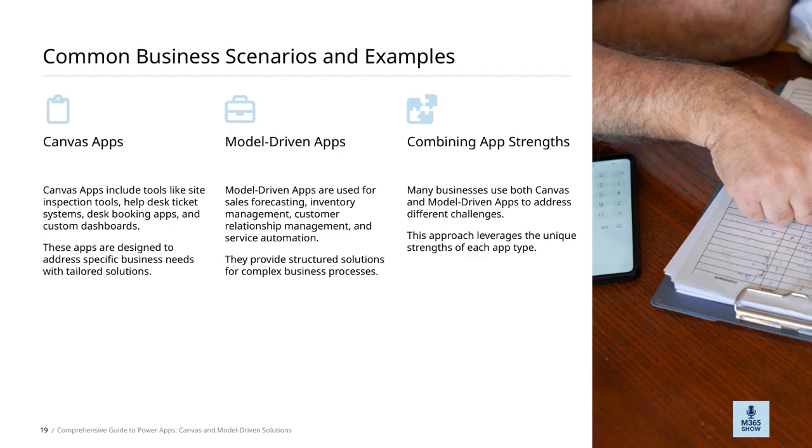These apps are designed to be highly tailored, giving users exactly what they need in a user-friendly way. By combining the strengths of both, businesses can create comprehensive solutions that are both flexible and powerful. This combined approach really highlights how Power Apps can adapt to different scenarios, whether you need structured automation or highly customized interfaces.